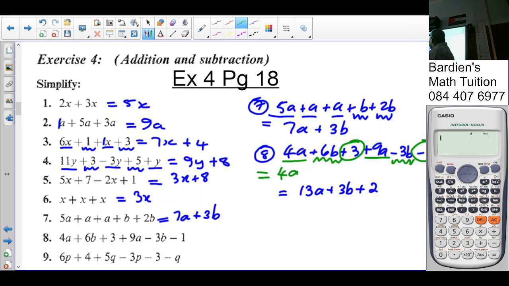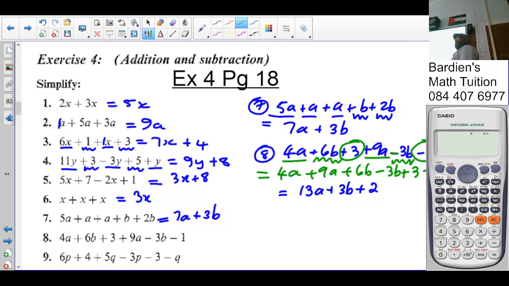Otherwise, you could have also done 4a plus 9a plus 6b minus 3b plus 3 minus 1. Can you see what I'm doing is writing the like terms one next to the other. So what's 4a plus 9a? 13a. What is 6b minus 3b? 3b. What is 3 minus 1? 2.